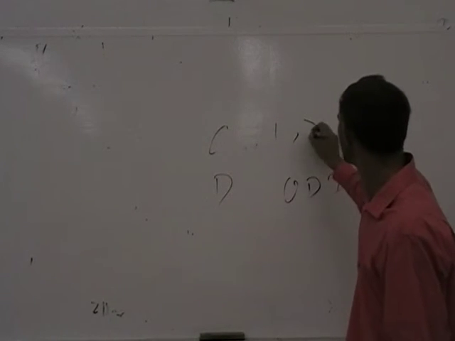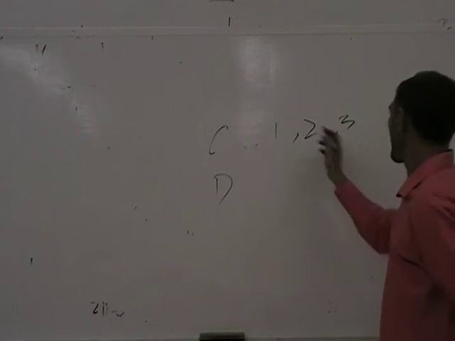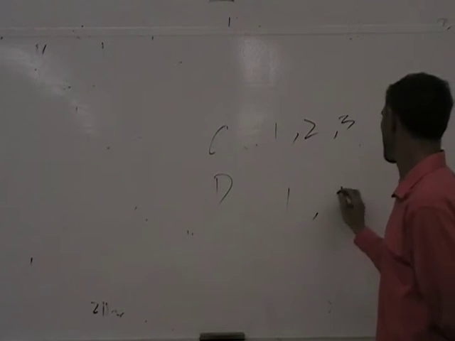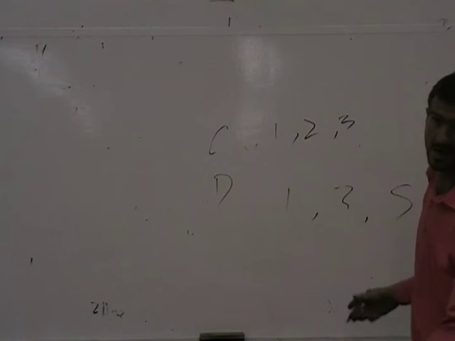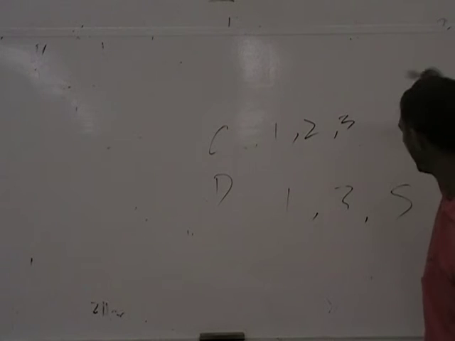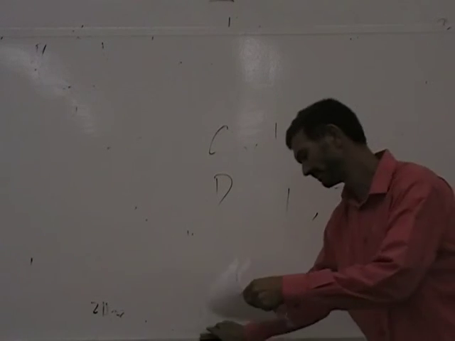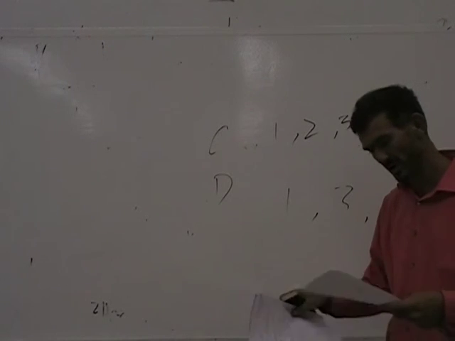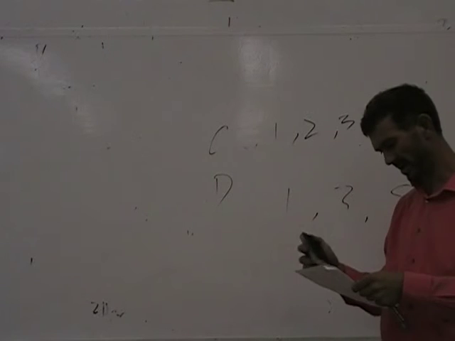This is 1, 2, 3 for the single row, and this is 1, 3, 5. They're each one half. They overlap. They have an intersection. Play with that. And let's see, mutually exclusive.